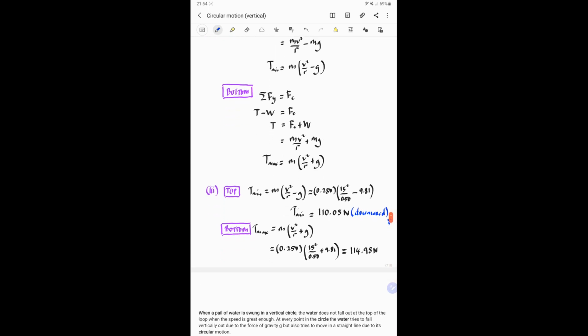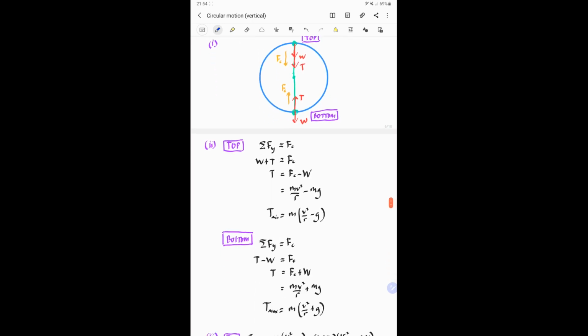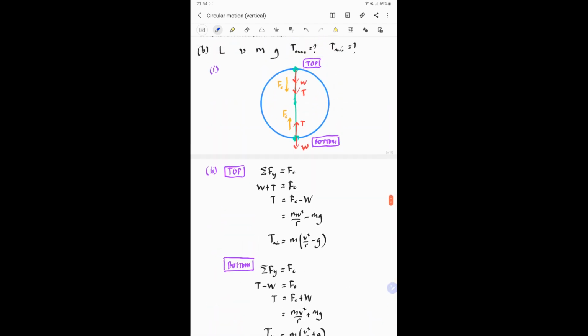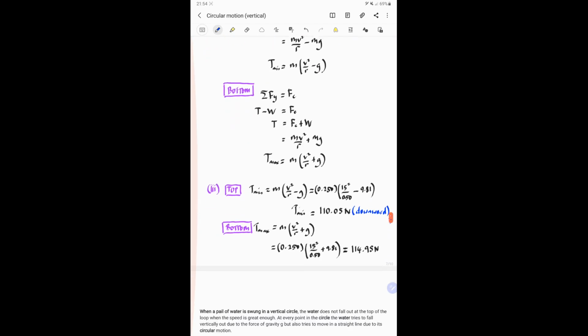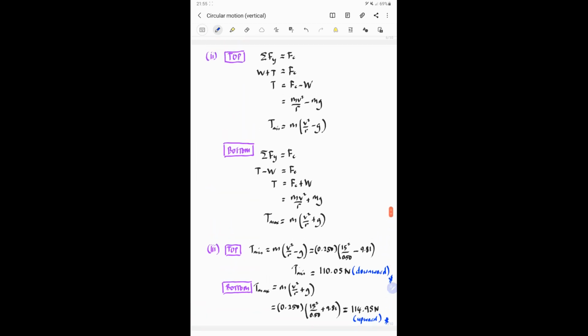And for T max, where is it? T max at the bottom, right? Okay, T max at the bottom, which is directed upwards. Okay, settle.